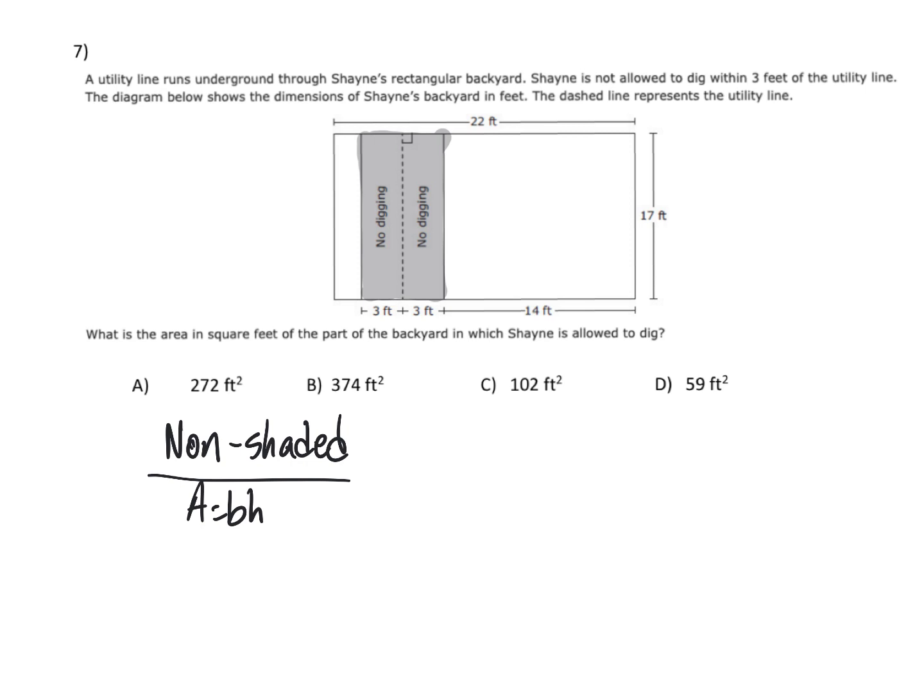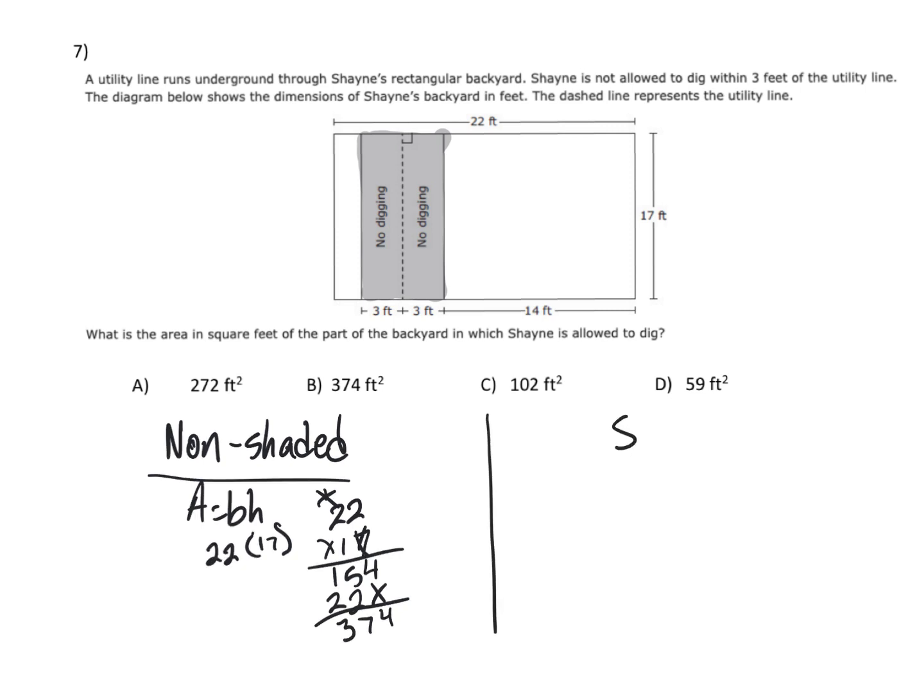So we're going to do 22 times 17. 22 is our base, 17 is our height. 7 times 2 is 14, carry the 1. 7 times 2 is 14, plus 1 is 15. Put an x for place value, then 2, 2. Now we add up. 4, 7, 3. So we get 374.